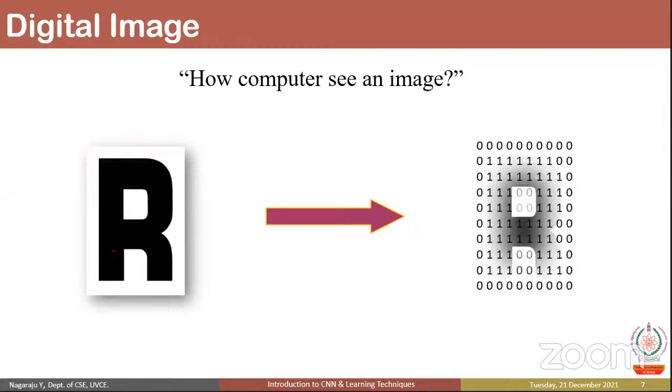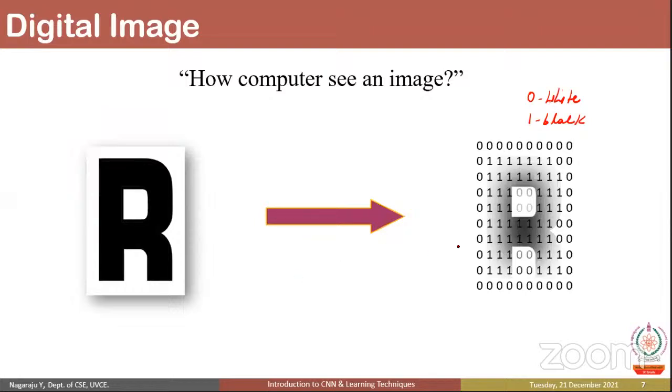Okay, here we have an image of the letter R. If we give this image to CNN, this is how it looks once it is converted into a digital image. Make sure of one more thing: here 0 represents white cells and 1 represents black.